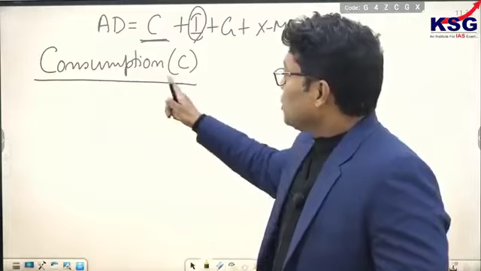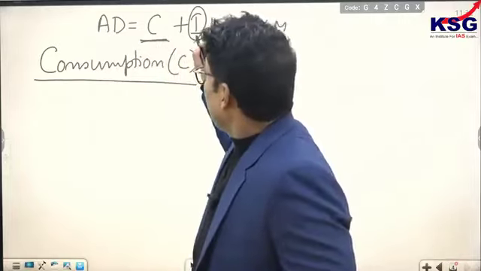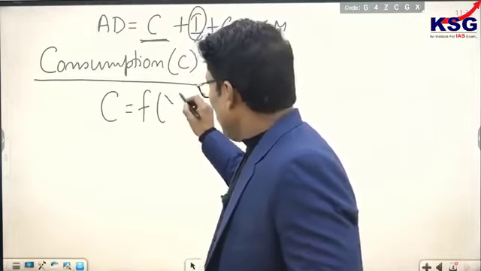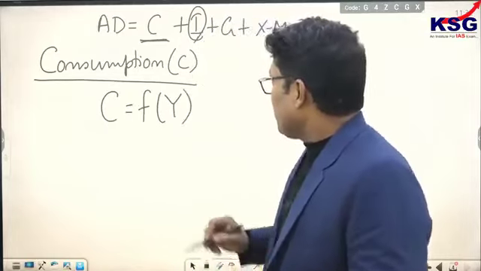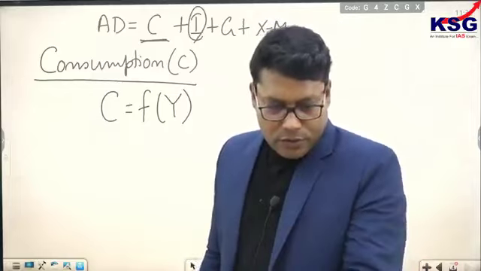Okay. So consumption here, C, we are saying C is the consumption. Because we have discussed I, consumption basically, remember, is a function of Y. You can write it in one line, all of you please.